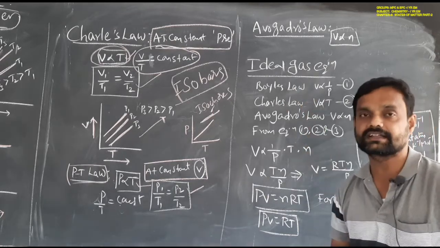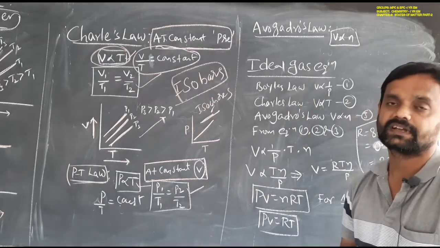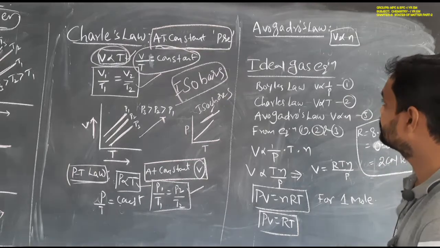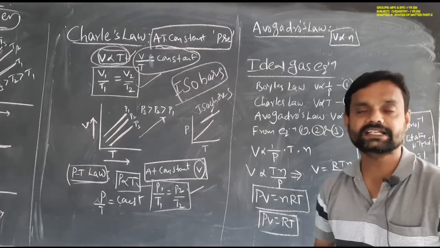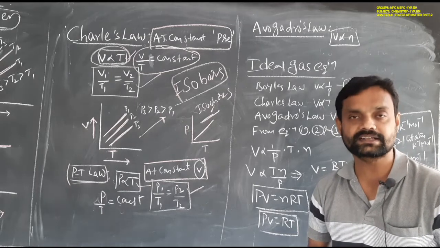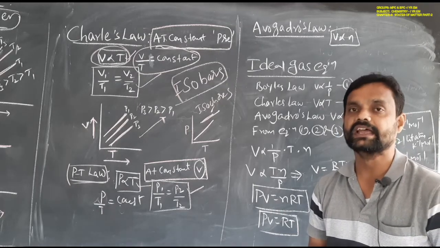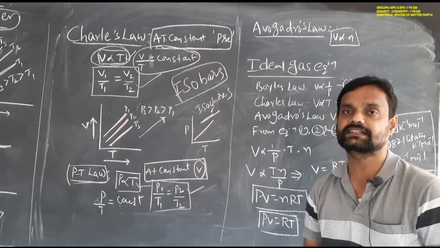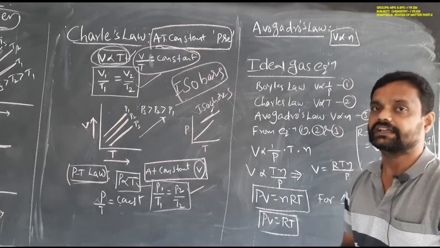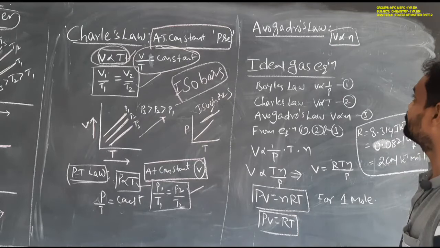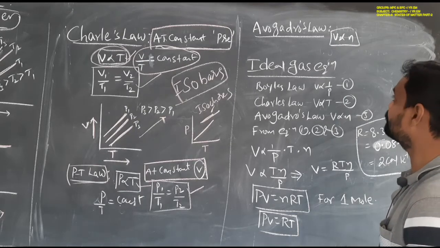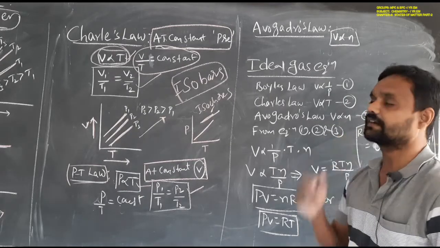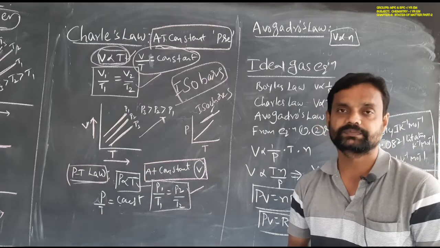How can it be defined? Under similar conditions of given temperature and pressure, equal volumes of gases contain an equal number of moles or an equal number of molecules. That is called Avogadro's law.